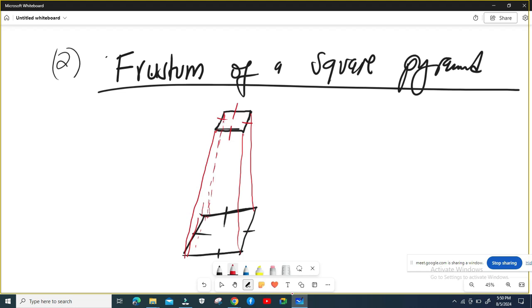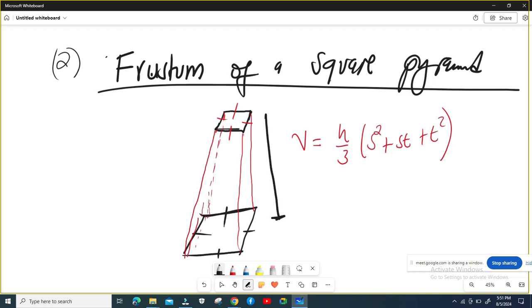Of which the formula we have said is volume is equal to h over 3, open bracket s squared plus s times t plus t squared, where h is the height of the frustum.